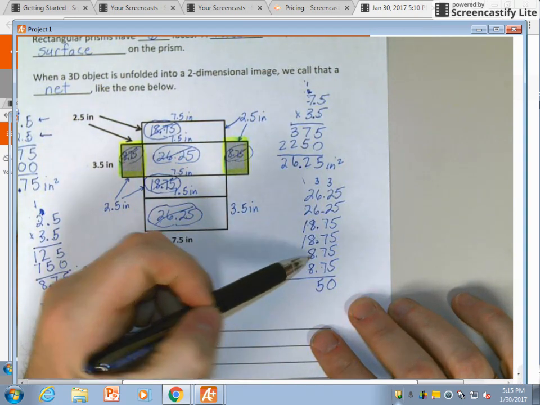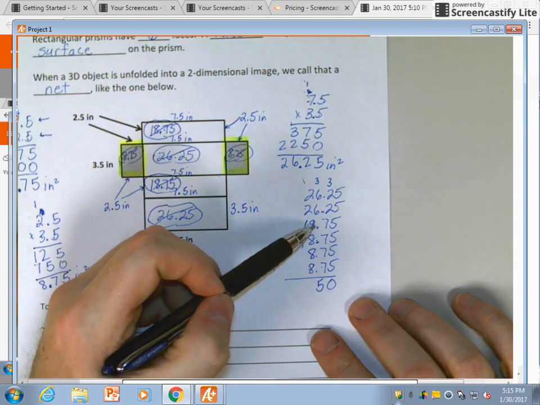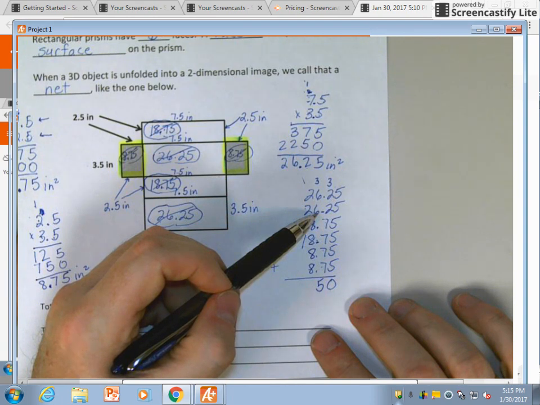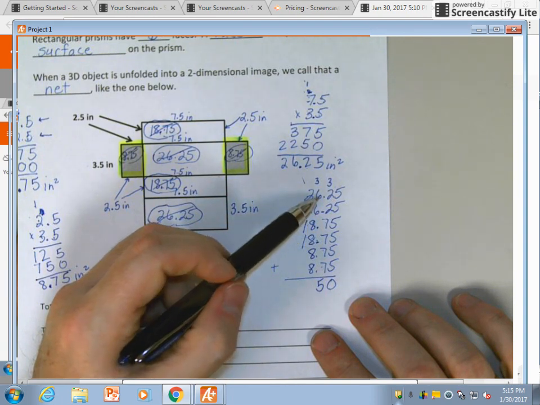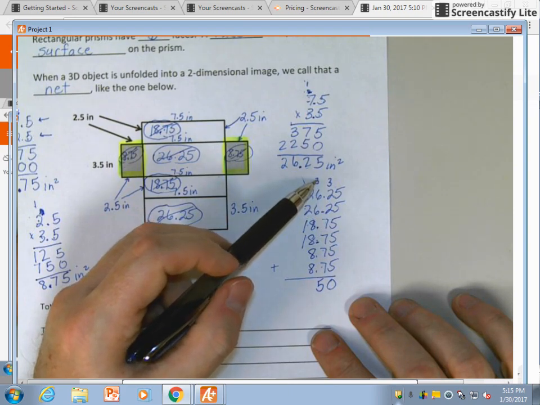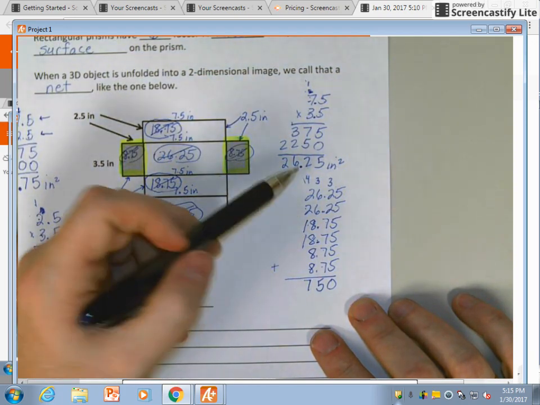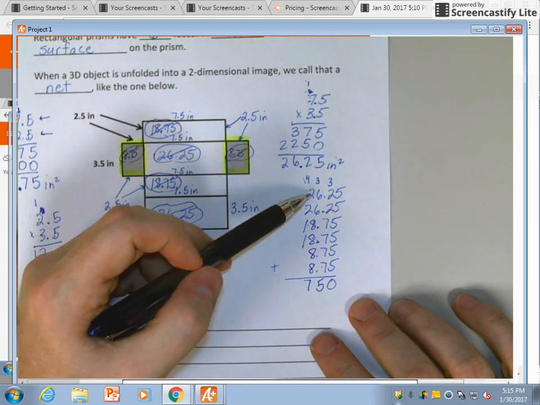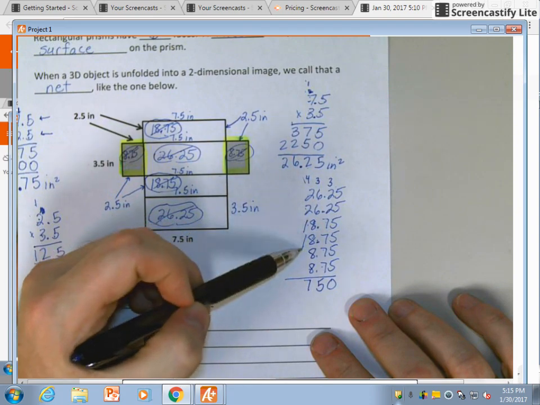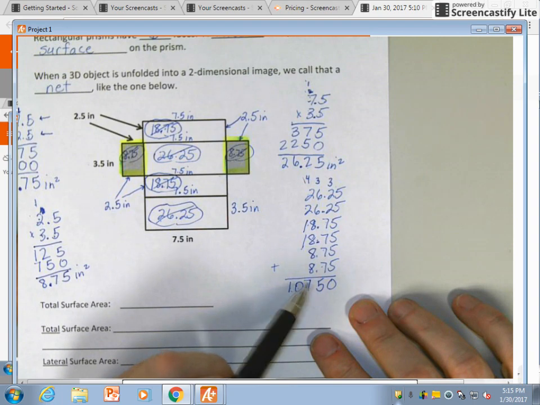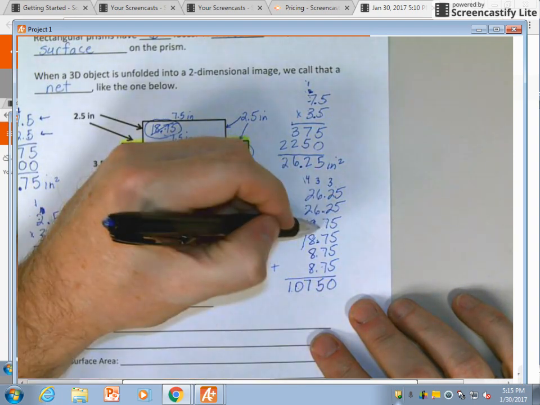Then I have 4 8s, and that's 32. 32 plus the 6, that's 38. Plus 6 more is 44, and 3, 45, 46, and 47. The 7 goes down and the 4 goes up. And I can start from the top: 4, plus 5, 6, 7, 8, 9, 10. So I should have a 10750.